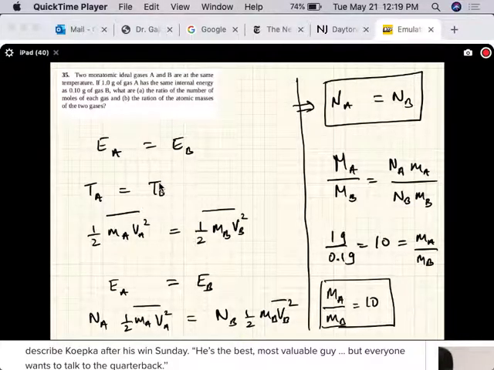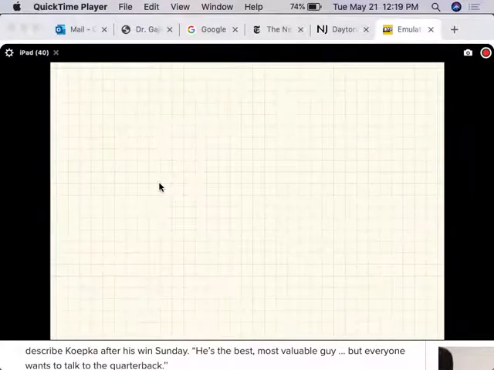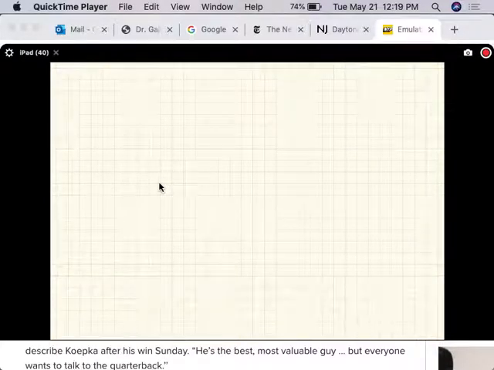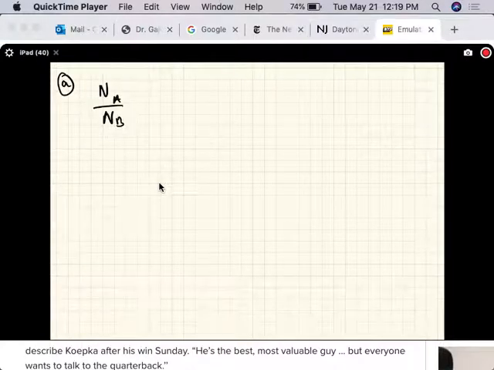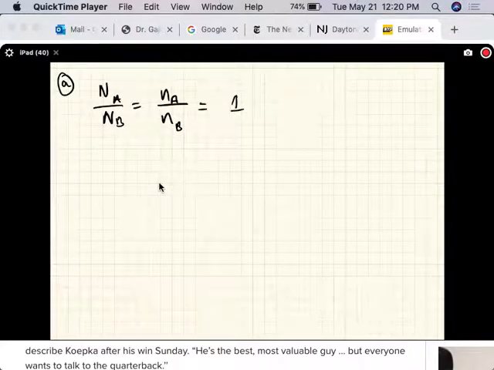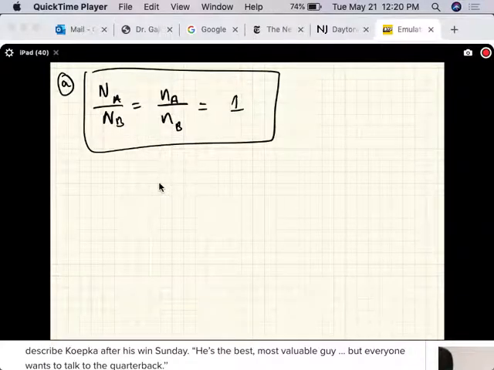The ratio of the number of moles of each gas and the ratio of atomic masses. So this is part B actually, and part A is, since Na by Nb, the number of molecules, is the same, the ratio of the number of molecules is the same as the ratio of the number of moles, and that's 1.